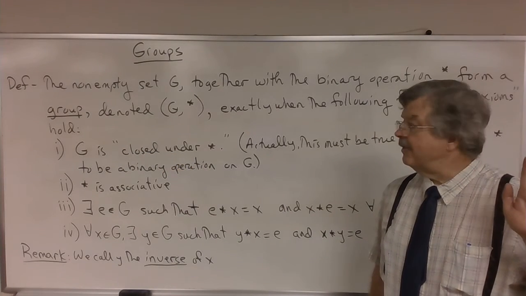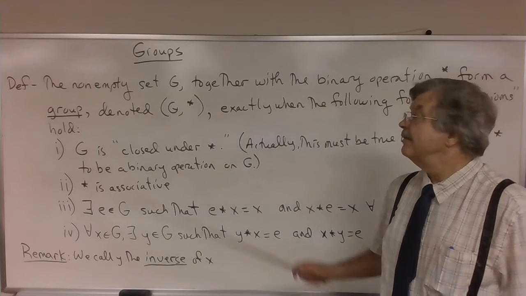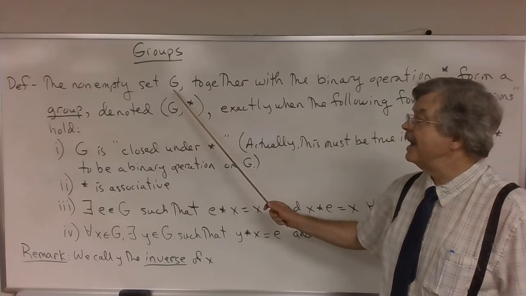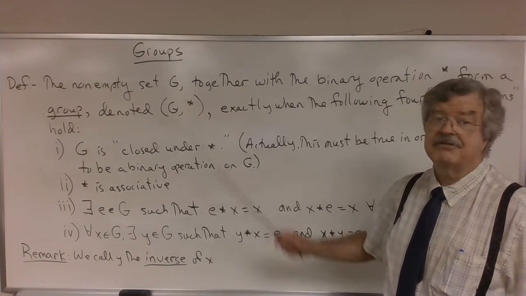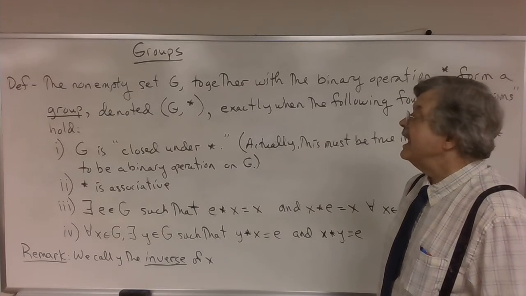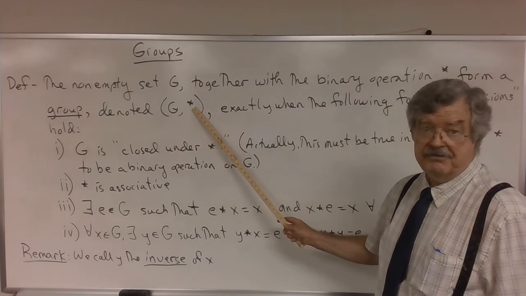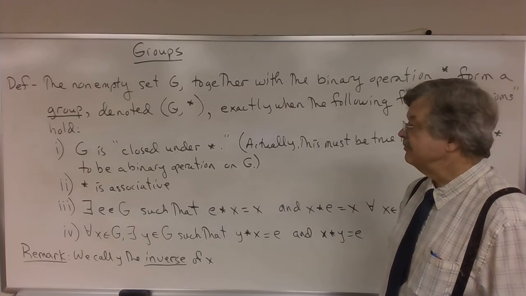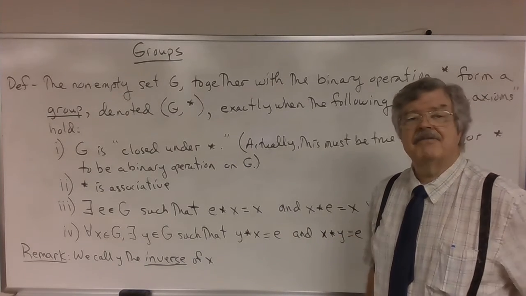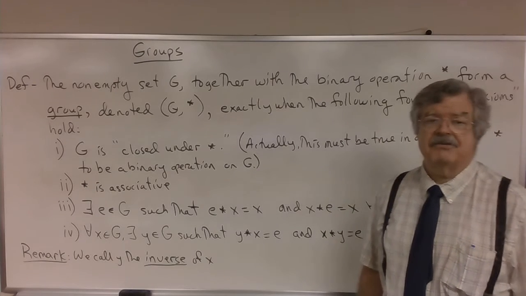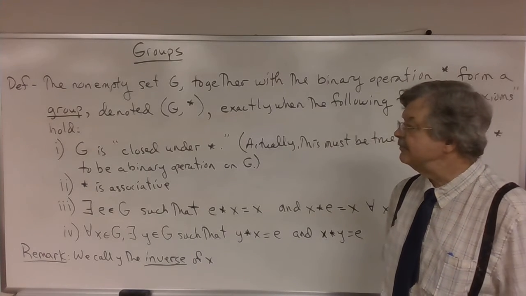Note first of all, in order to have a group, the first thing we need is a non-empty set G. G has to be non-empty. And we also have to have a binary operation, star, on G. Now we have to have the following four axioms hold, the group axioms.